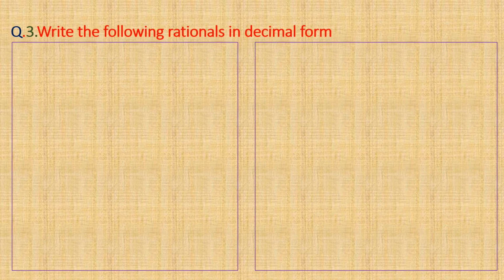So we'll be perfect with this by taking the first problem, 13 by 25. Take the denominator 25 and do its prime factorization. You will get 5 into 5, so I can write 13 by 5 square, right? Here 5 square is there, but there is no 2. So if there is no 2, just put 2 here.